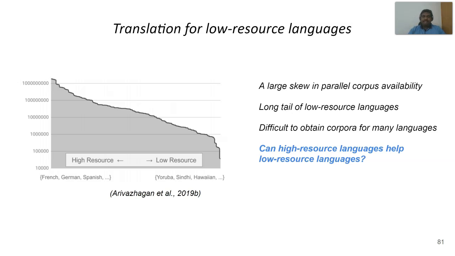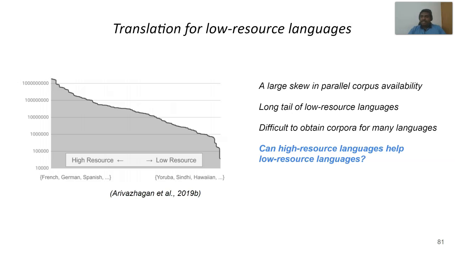But then there are many languages, even in the top 100, 200 languages in the world, for which we have a very limited amount of parallel corpus in a general domain or spanning multiple domains. And then there is a really long tail of thousands of odd languages in the world where very little data is available. So how do we support translation for this long tail of low resource languages?